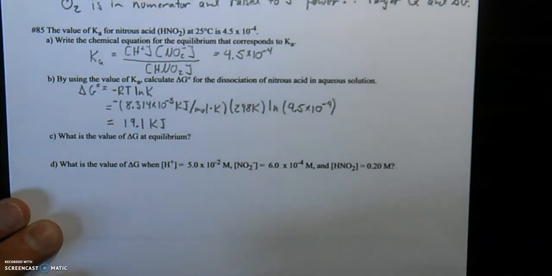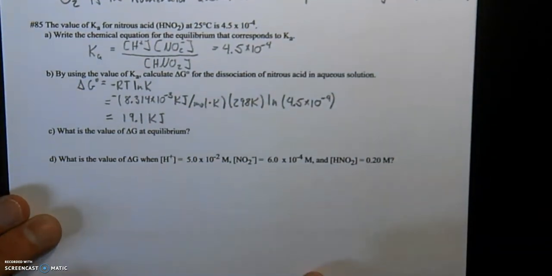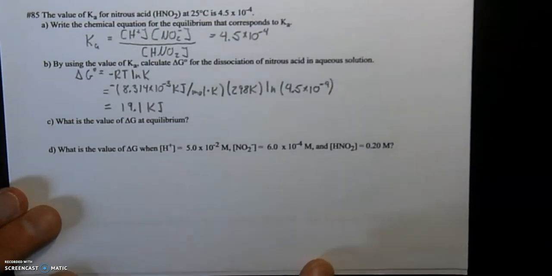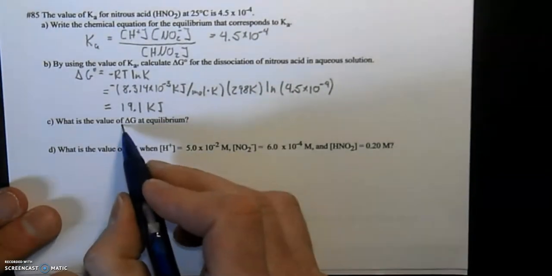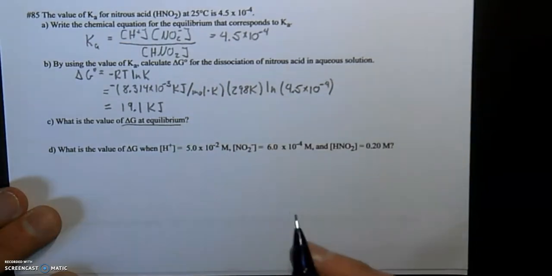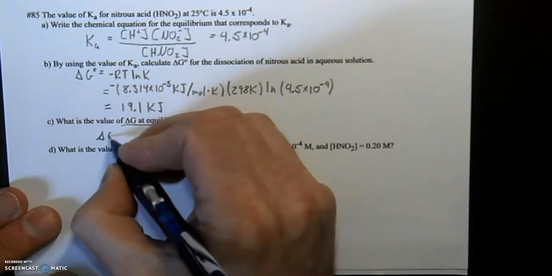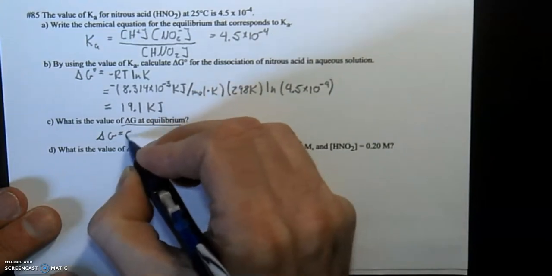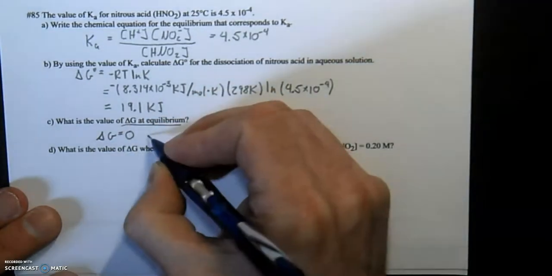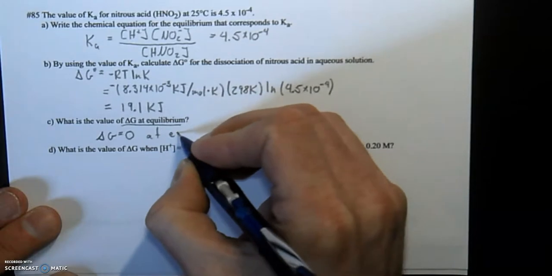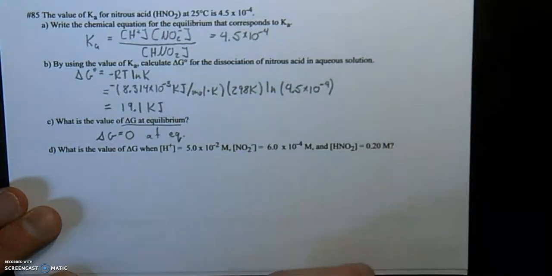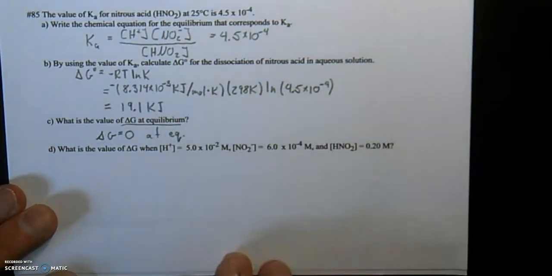There we go. So it is non-spontaneous, it's a positive value. What is the value of delta G at equilibrium? So sort of a trick question. Delta G at equilibrium is equal to 0 by definition. I won't write that in there.